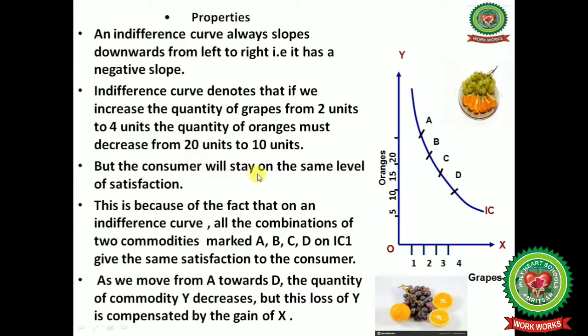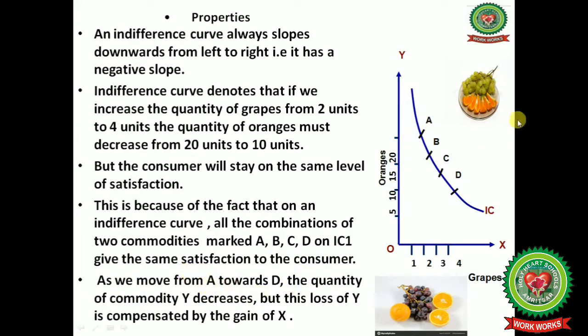But the consumer will stay on the same level of satisfaction because according to the definition, all the points on the same indifference curve will give the same level of satisfaction to the consumer. So this is because of the fact that on an indifference curve, all the combinations of the 2 commodities marked as A, B, C and D on the IC1 give the same level of satisfaction to the consumer.